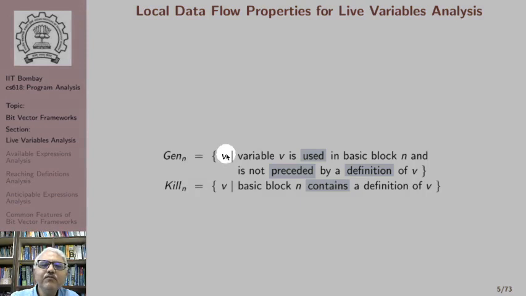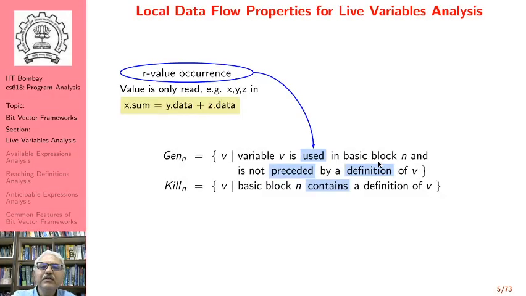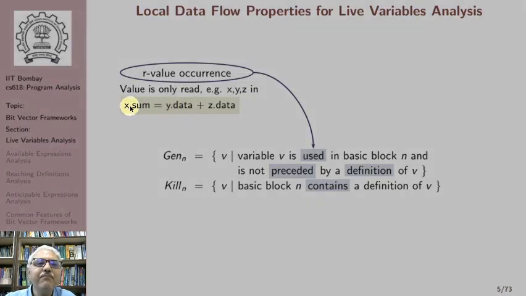A variable v is included in set gen if it is used in the basic block n and is not preceded by a definition of v. Here the word used refers to an R value occurrence. Note that an R value occurrence says that the variable is read, and in a tricky situation this could also happen if the variable appears on the left hand side.